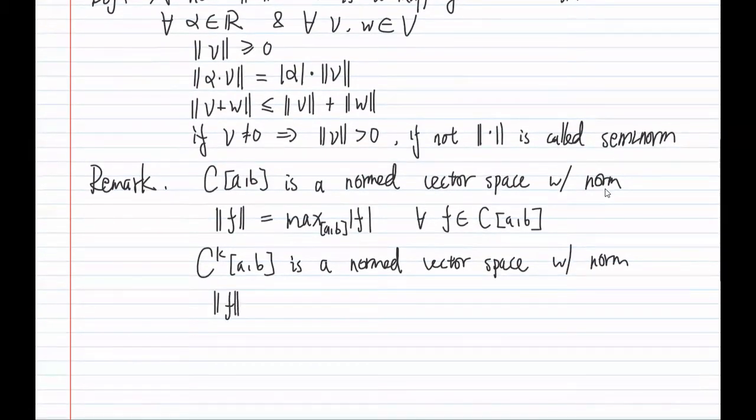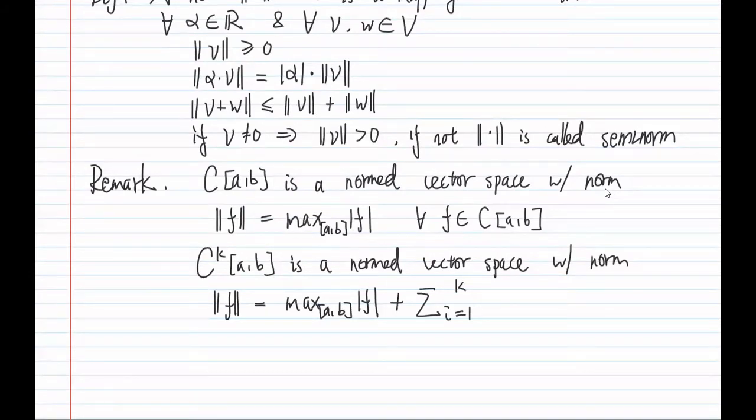Norm of f is basically the max on the interval [a,b] of the absolute value of f, plus the summation of all of the maximum of the derivatives up to order k.